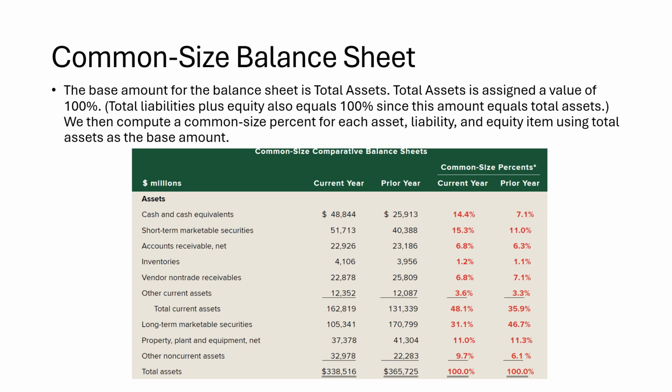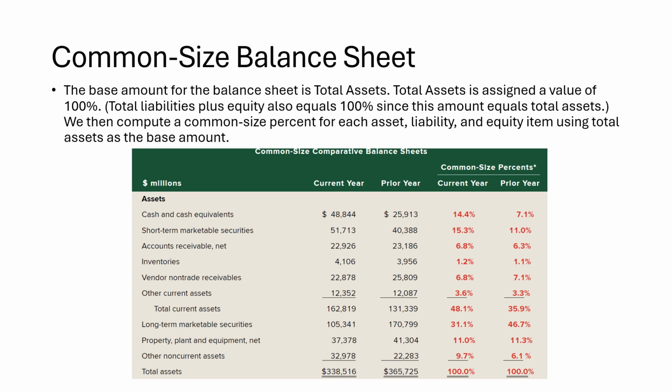So here's an example of a common size balance sheet so you can see how this works. Remember, the base amount for the balance sheet is total assets, and this is just the asset portion of the balance sheet, just to give you an idea of what a balance sheet would look like as a common size balance sheet.